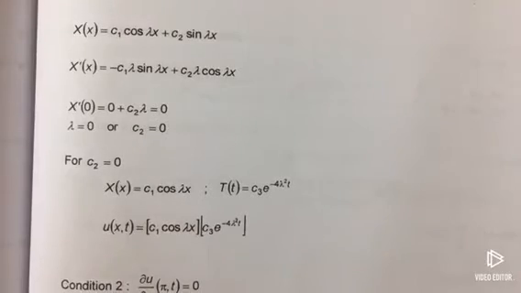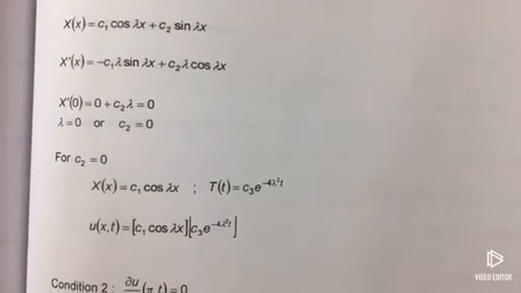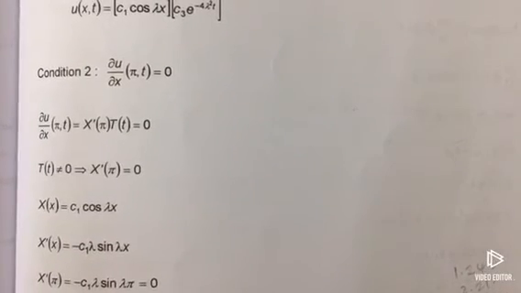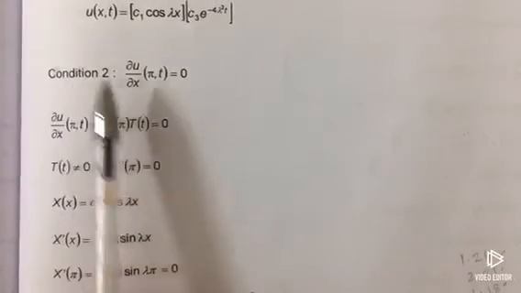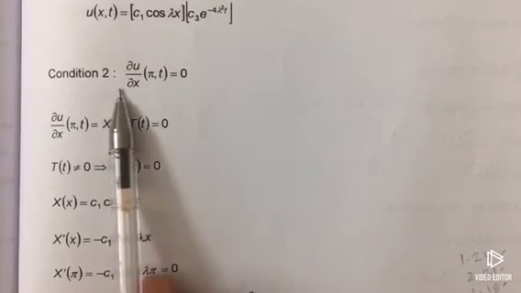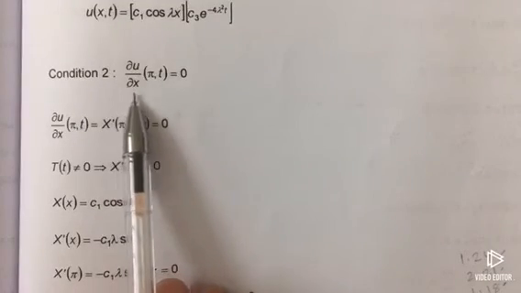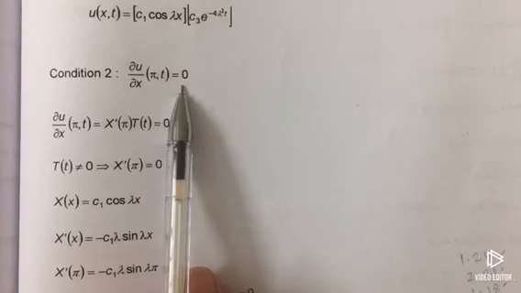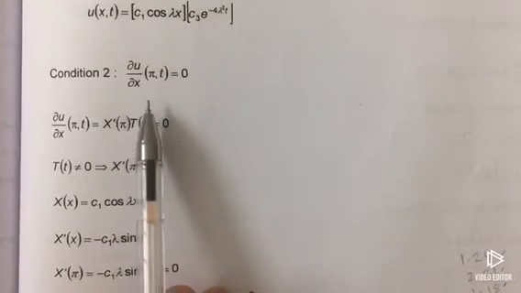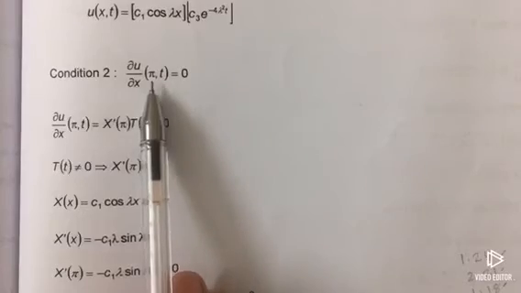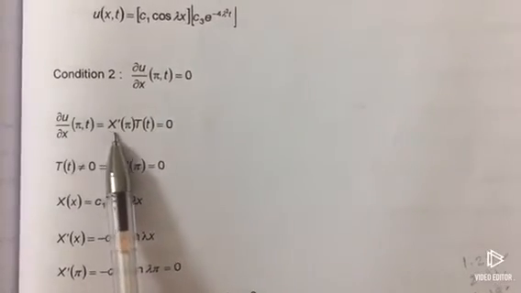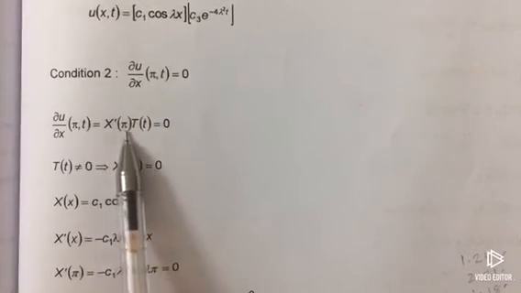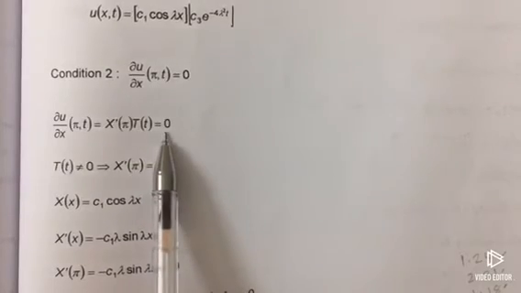Now we need to find C1 and C3, so we use the second condition. Given in the question, the temperature is insulated, so del u del x at x equal to pi is equal to 0. So we substitute x by pi into X prime: X prime(pi) T(t) equals 0.